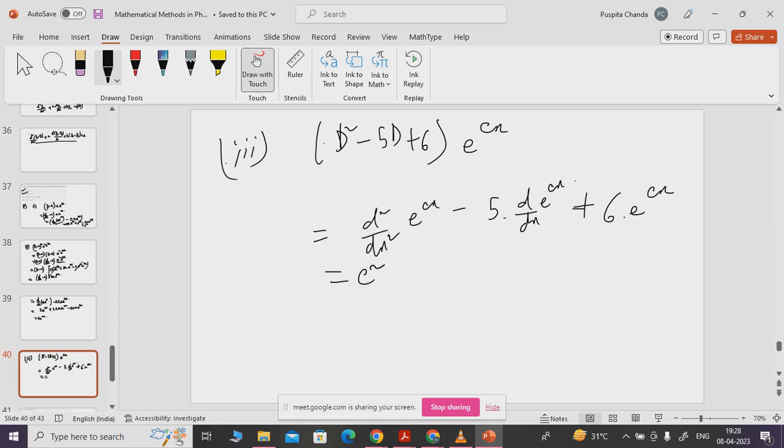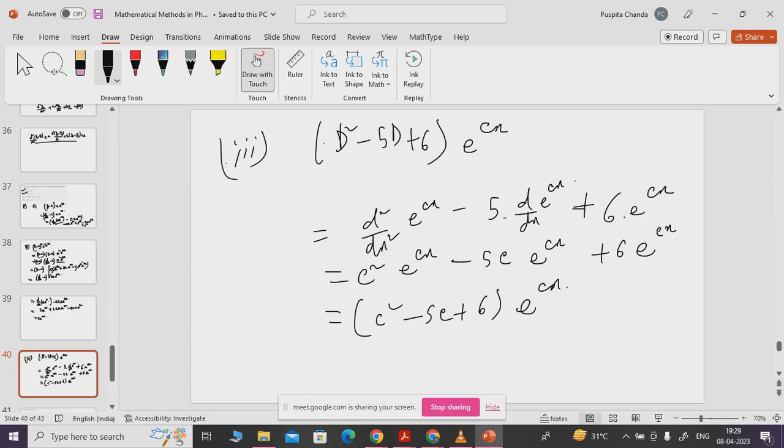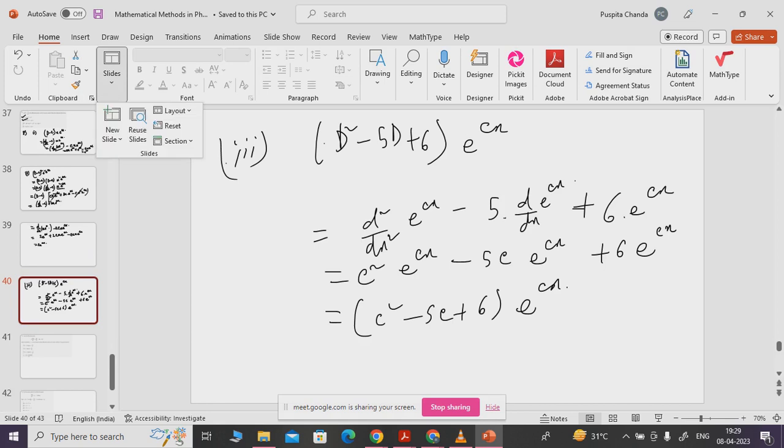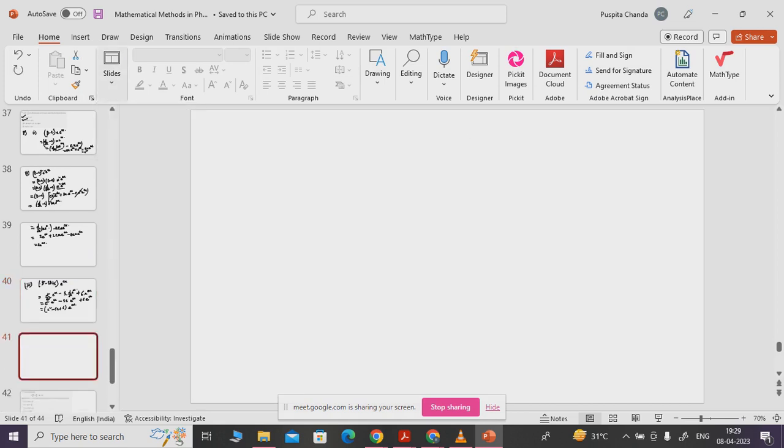Plus 6 into e to the power cx. So it will be c square e to the power cx minus 5c e to the power cx plus 6 e to the power cx. So it is c square minus 5c plus 6 e to the power cx. So it is also true.